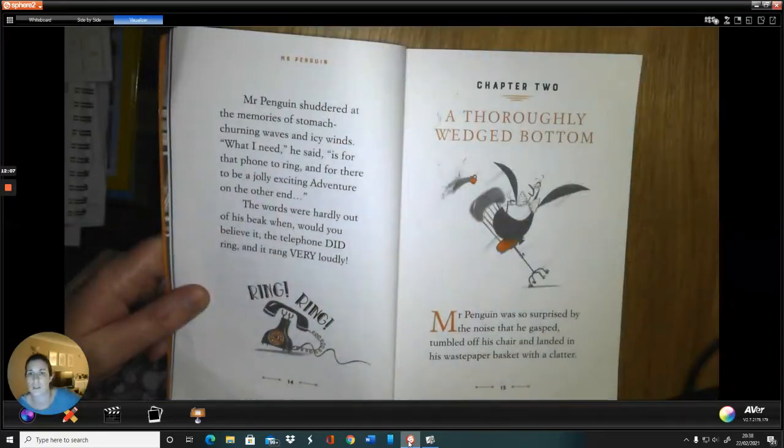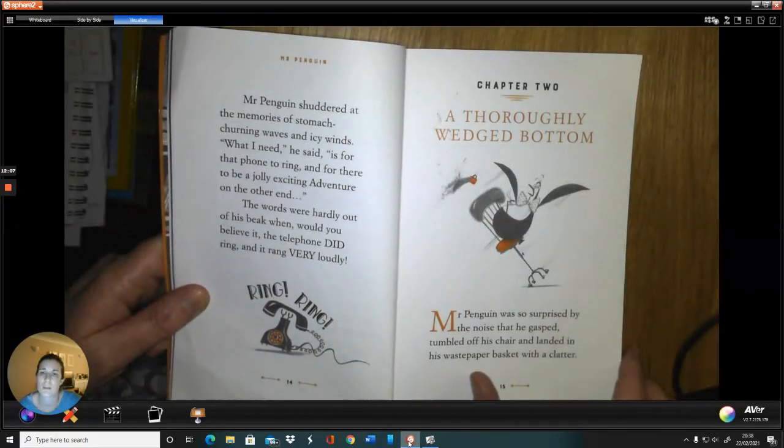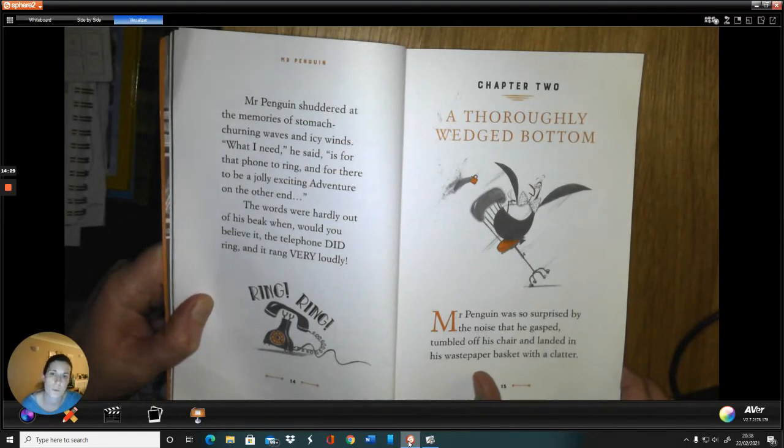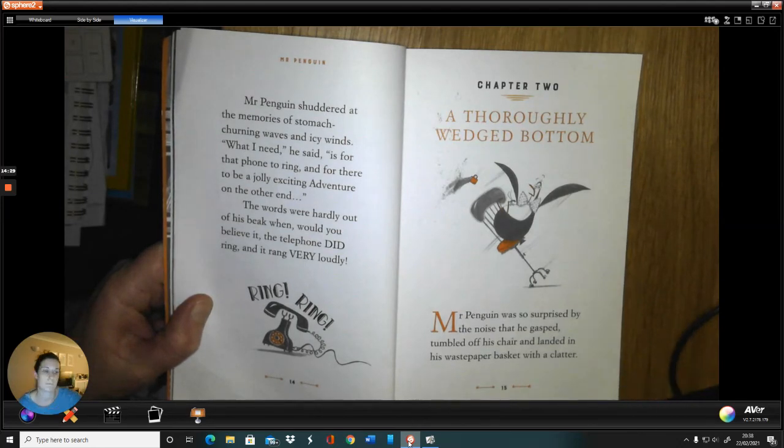Mr. Penguin shuddered at the memories of stomach-churning waves and icy winds. "What I need," he said, "is for that phone to ring, and for there to be a jolly exciting adventure on the other end." The words were hardly out of his beak. Would you believe it? The telephone did ring, and it rang very loudly.